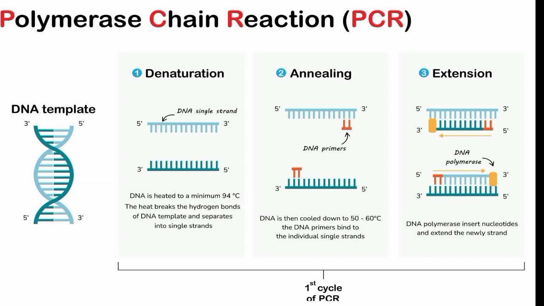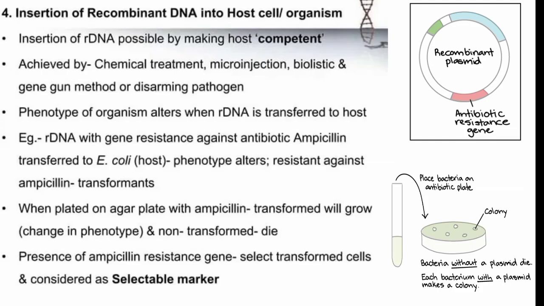The DNA primers will bind, and then there will be extension. The DNA polymerase will go on extending and adding complementary nucleotides to its 3 prime end, because extension always goes ahead from 5 prime to 3 prime end.